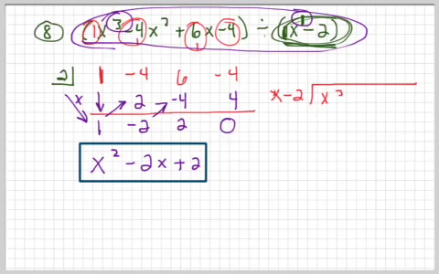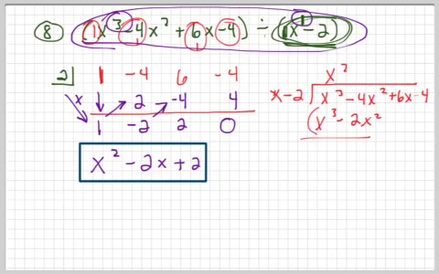I've got x cubed minus 4x squared plus 6x minus 4. And so I'd go x squared, and I distribute it and get x cubed minus 2x squared. Subtract that. I get negative 4 plus 2, which is negative 2x squared, and I bring down the 6x. Next goes negative 2x. Gives me negative 2x squared when I distribute, plus 4x.